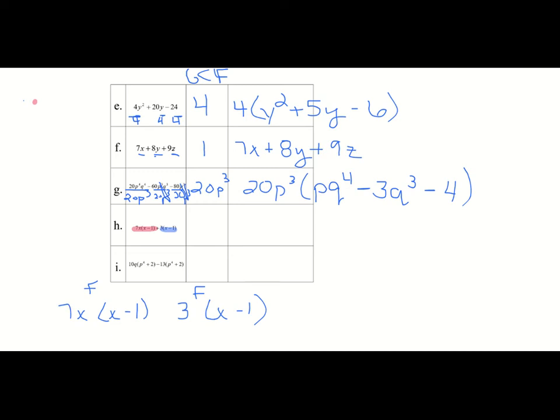They both don't have a 7, so that's not going to work. They don't have a 3. I don't see an x by itself over here, so that's not a common factor. But my common factor here is this expression, x minus 1. So that's what I have to pull out of this. That's what I have to factor out of this problem. So my GCF here is x minus 1. I'm going to divide it out of both terms.